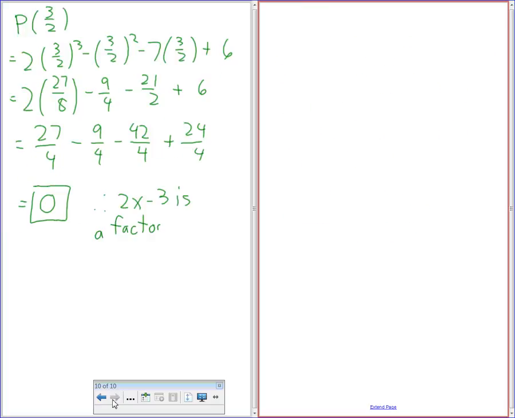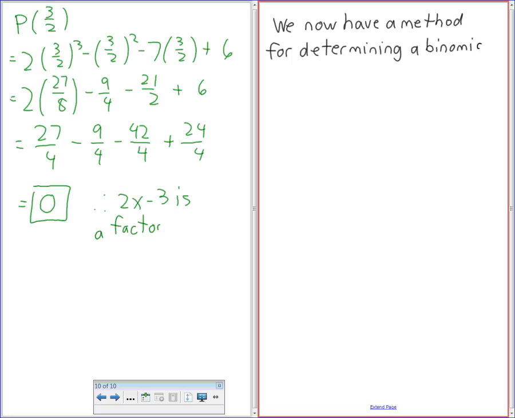We now have a method, which is 1 paragraph out of 10 in my lesson here, for determining a binomial factor of f of x.